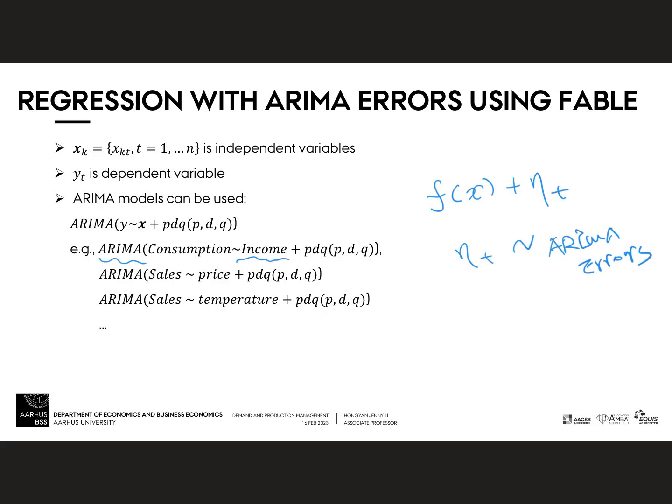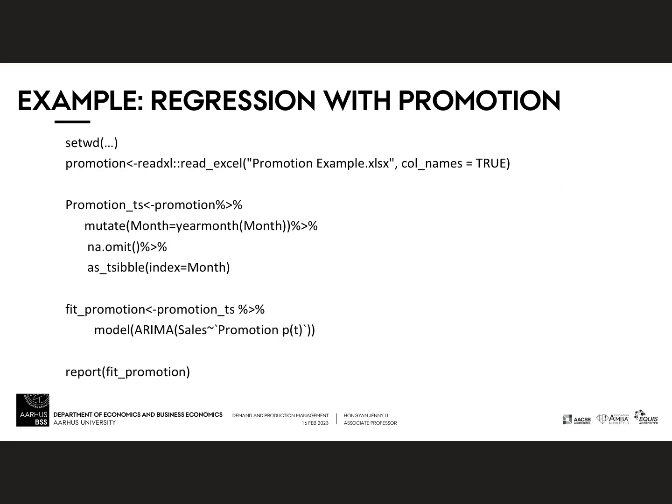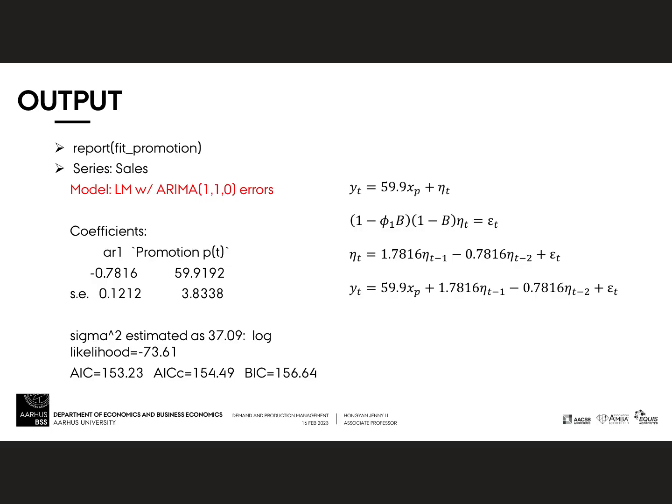We do not go into any mathematical models, so here we just want you to know it's possible. Just use an ARIMA model to actually consider the independent variables. So you get more flexible forecasting models.